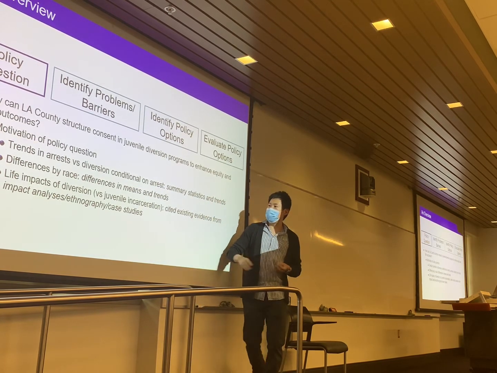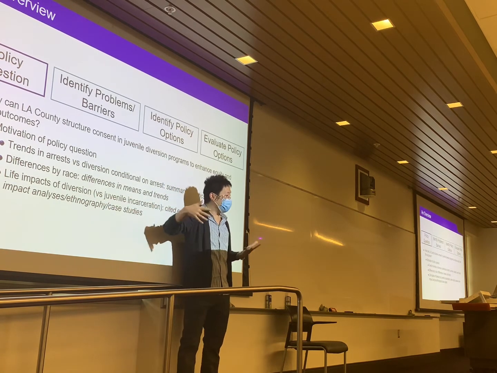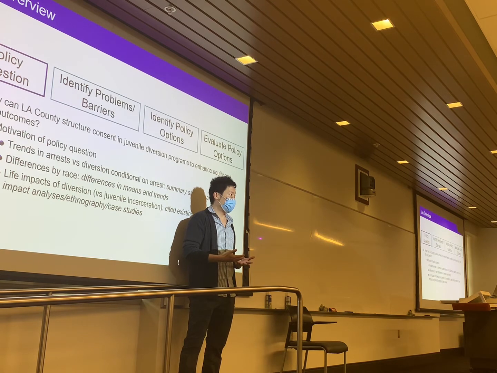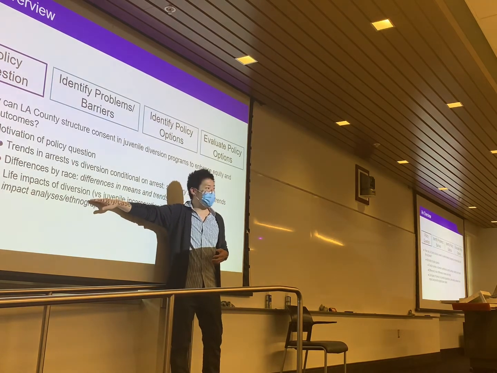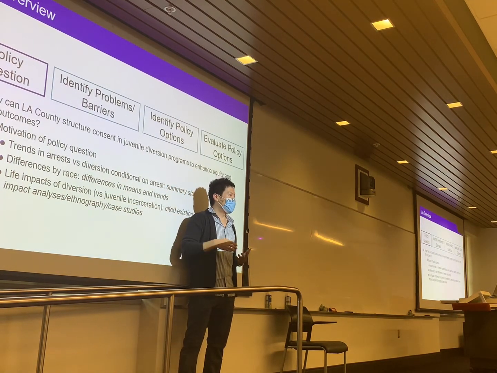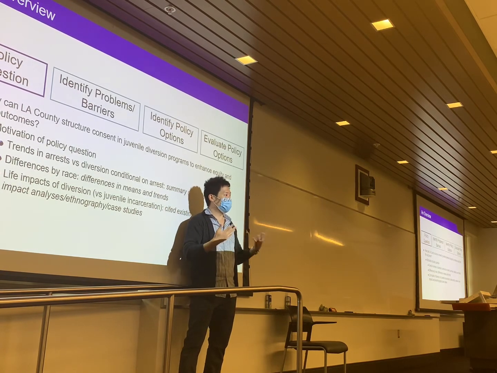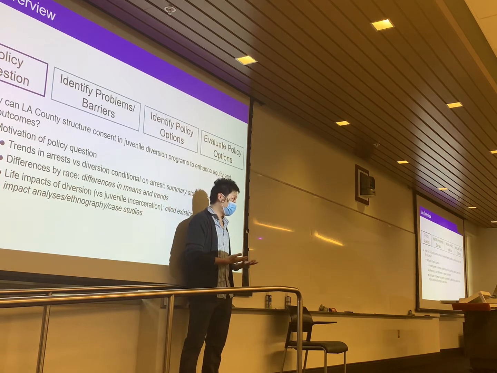Their point was that they wanted to establish that diversion generally has been established as a good thing as opposed to incarceration. It turns out there's a rich literature already in the criminal justice research world that provides really compelling evidence for lower recidivism, better mental health, and all sorts of other positive life outcomes for diversion as opposed to incarceration.